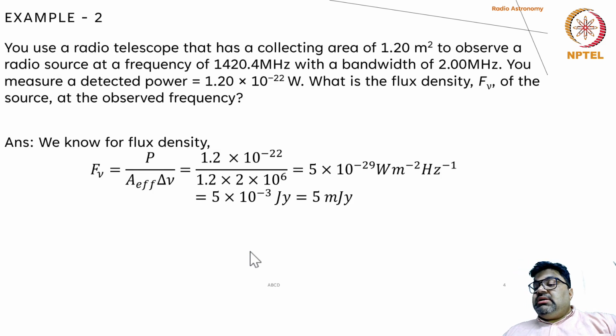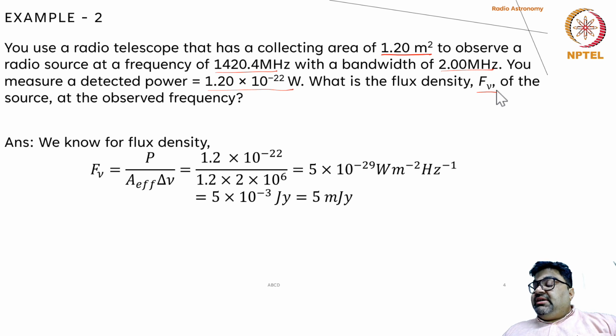Example number 2. A radio telescope has a collecting area of 1.2 meter square to observe a radio source at a frequency of 1420.4 megahertz with a bandwidth of 2 megahertz. You measure a detected power of 1.2 times 10 to the power minus 22. What is the flux density of the source observed?